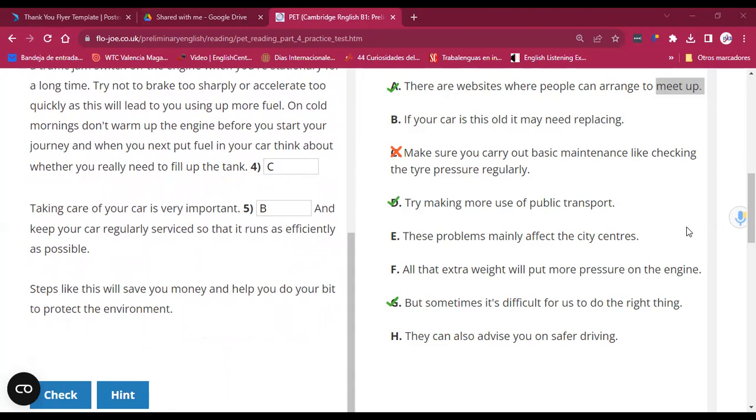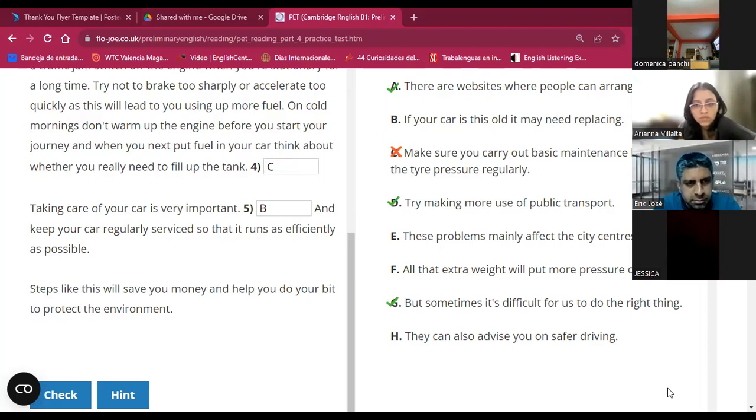Okay, which one? Letter E. Letter E: this problem mainly affects the city centers. Who else gives another idea? Mr. Eric, right? Ariana, do you think letter E is the right option or do you have another option?